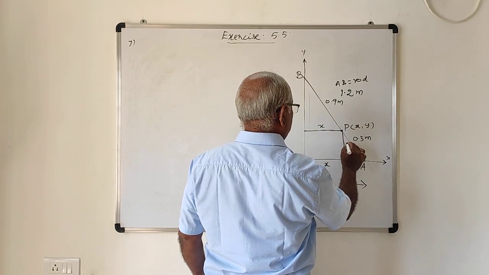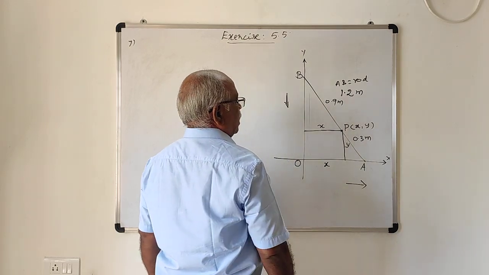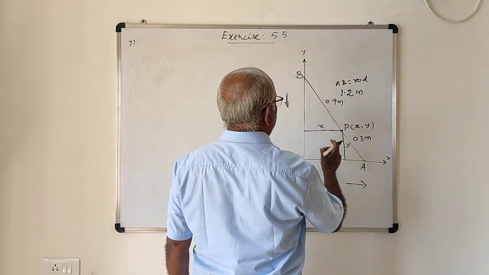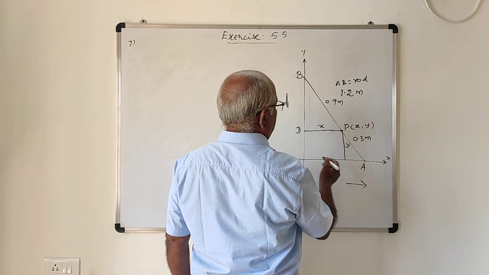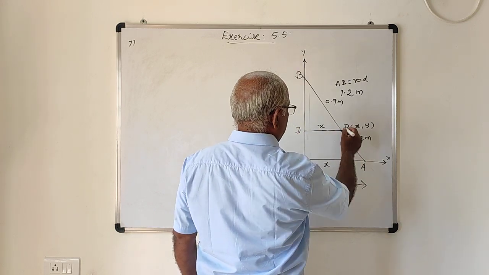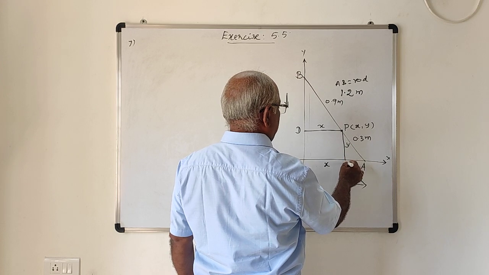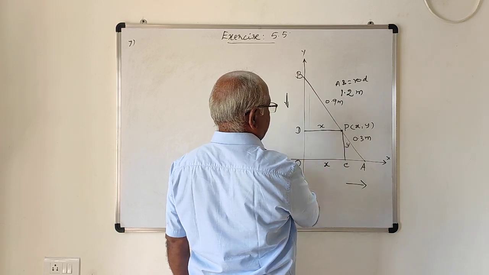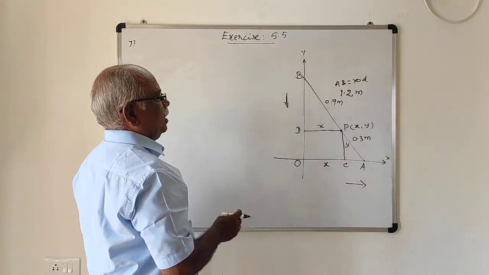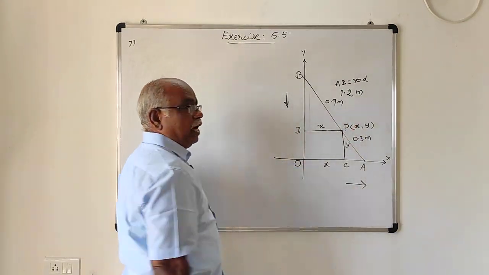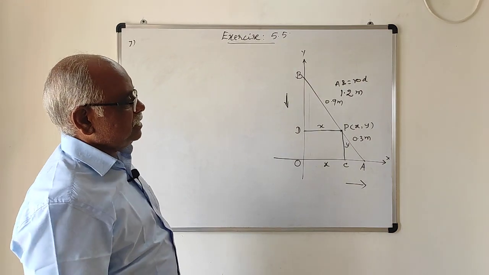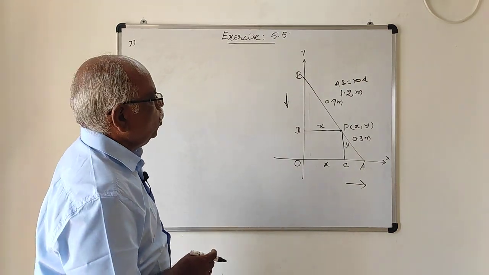Here PD and PC: PC is the distance y and PD is the distance x. P(x, y) is a point on the rod. Now we have to find the locus of the point P. It describes an ellipse, and we have to determine its eccentricity.